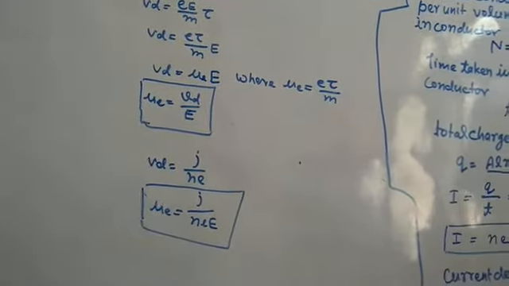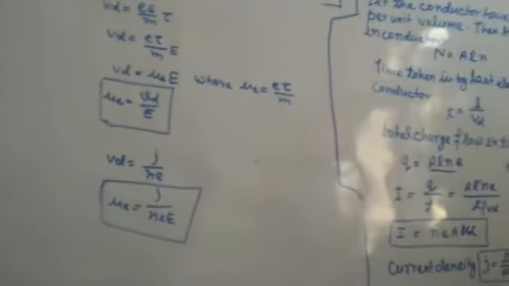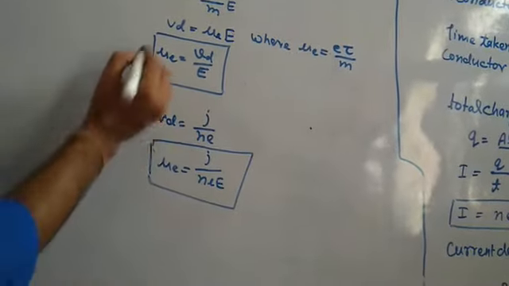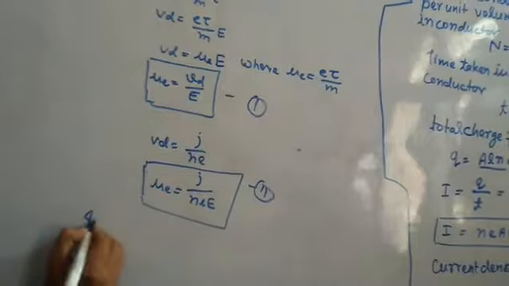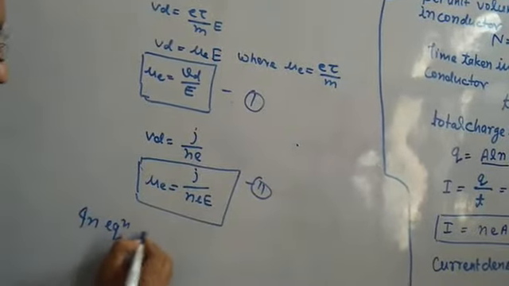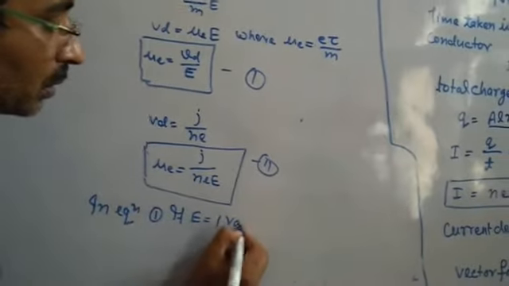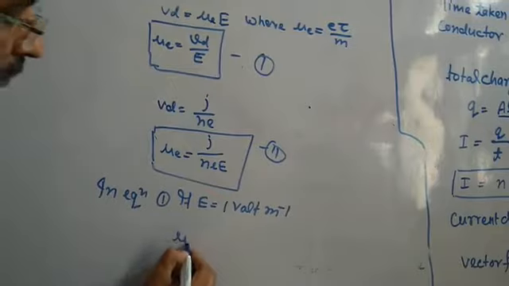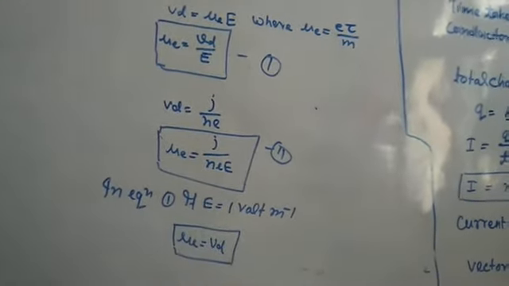in equation 1, if E equal to 1 volt per meter, then mu e equal to Vd.